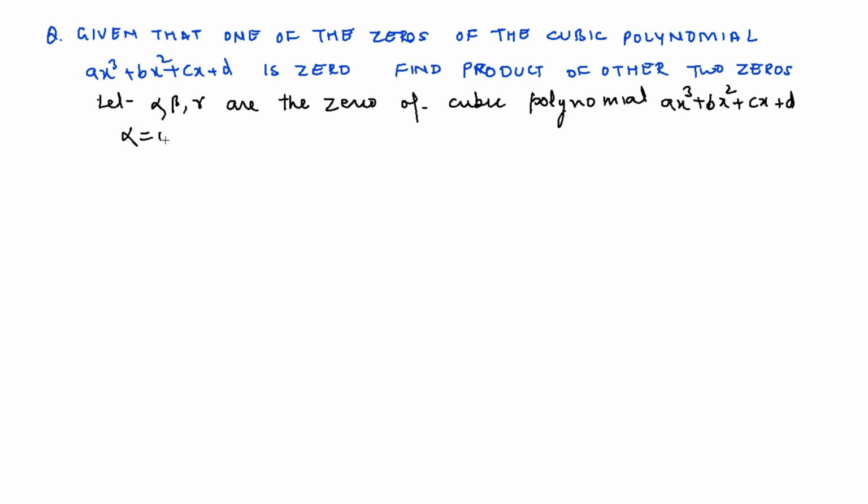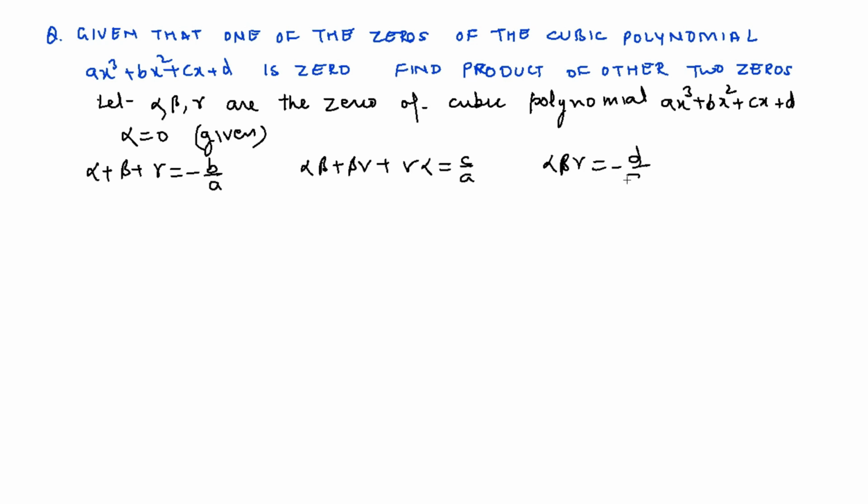Now I am going to write the relationships: alpha plus beta plus gamma is equal to minus b by a, alpha beta plus beta gamma plus gamma alpha is equal to c by a, and alpha beta gamma is equal to minus d by a. I will take the help of the relationship alpha beta plus beta gamma plus gamma alpha is equal to c by a. Substitute the value of alpha, which is equal to 0.